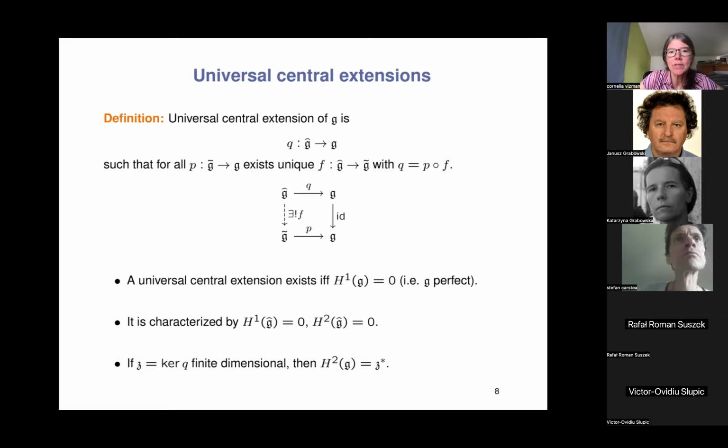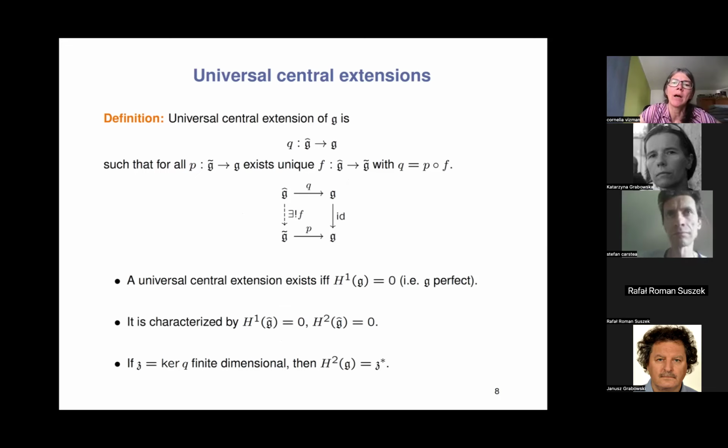So it has this universality property that for any other extension P, there is a unique Lie algebra homomorphism F from the arbitrary extension G tilde to our universal one, such that the diagram is commutative. And a universal one exists if and only if G is perfect.